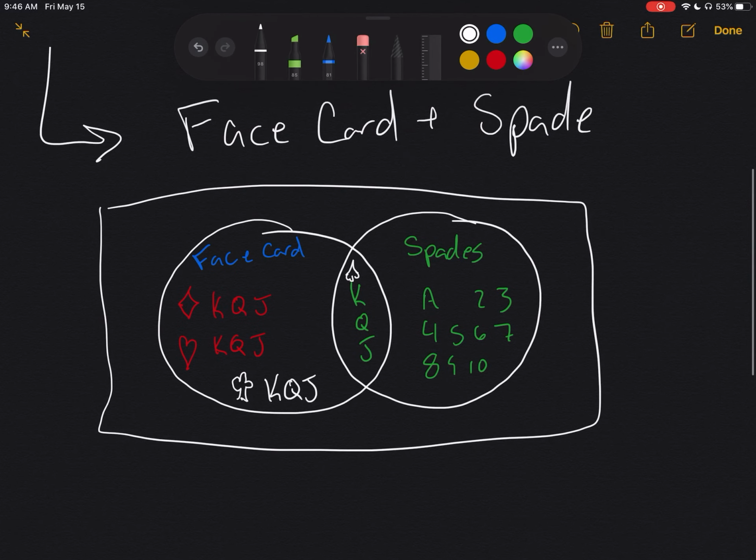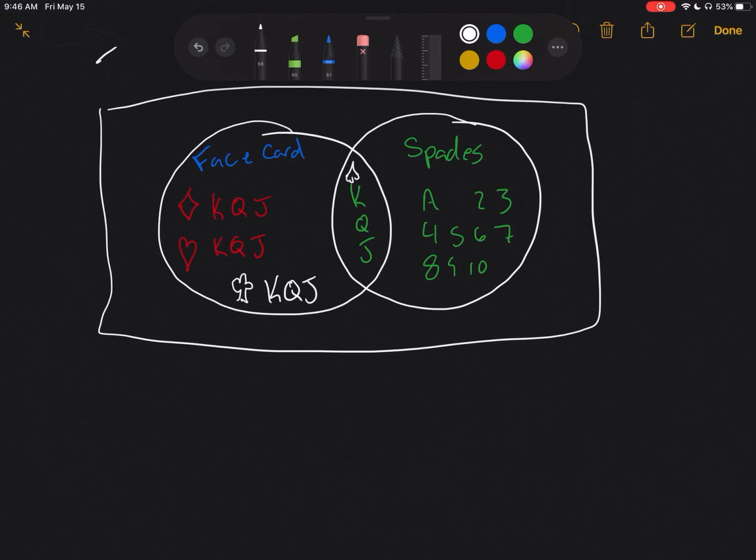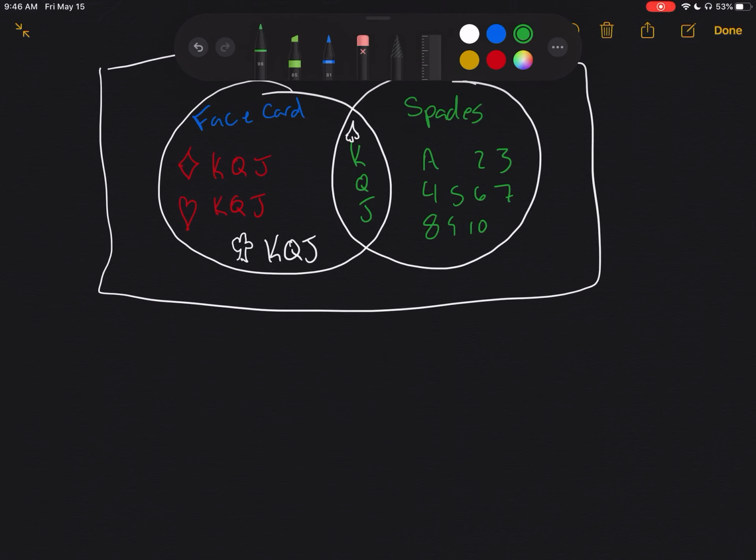So what is the probability that I pick a face card? Sorry, that was supposed to be or. A face card or a spade? Well, now we can just count it up, right? The chances that it's just a face card and not a spade are 9 out of 52. The chances that it's a face card and a spade, 3 out of 52.